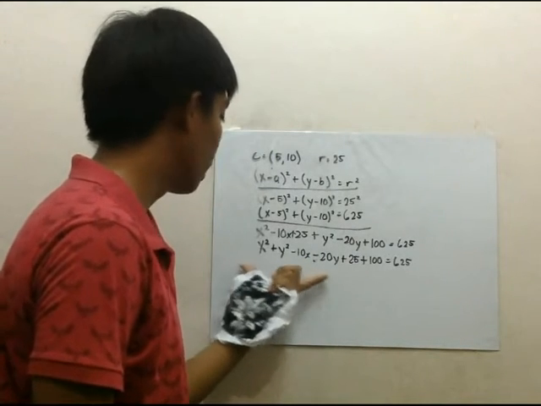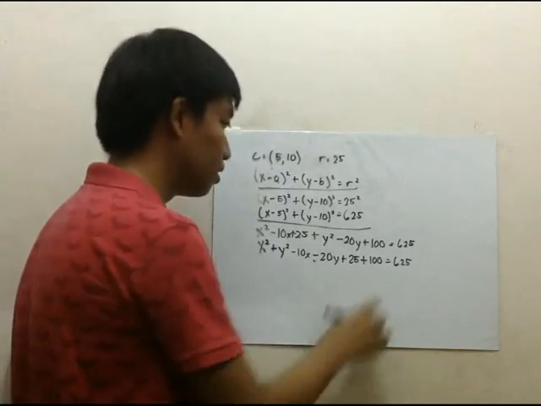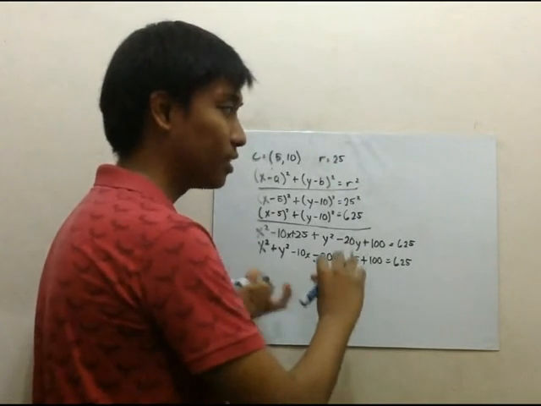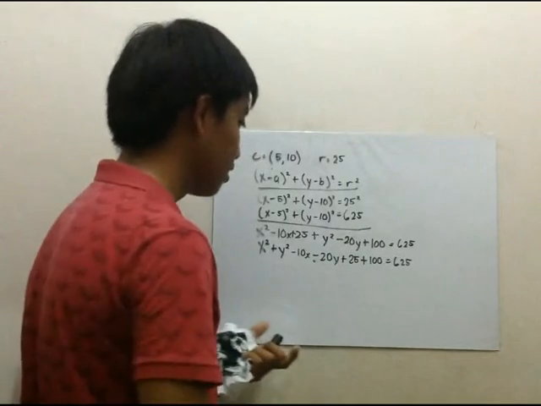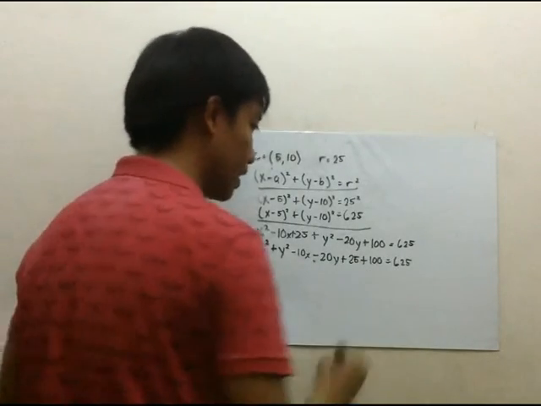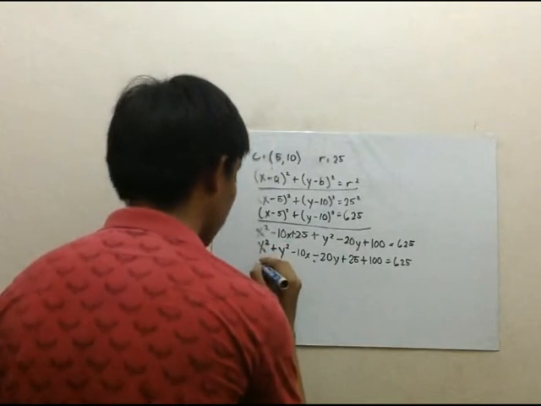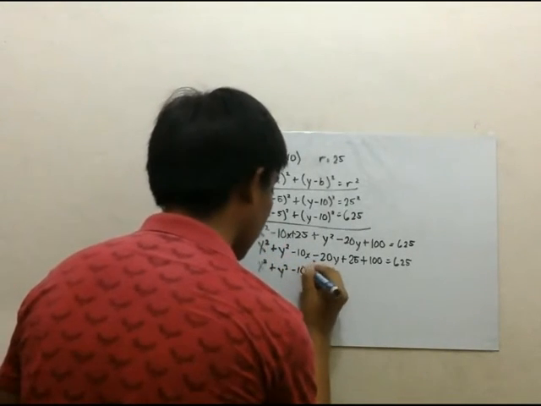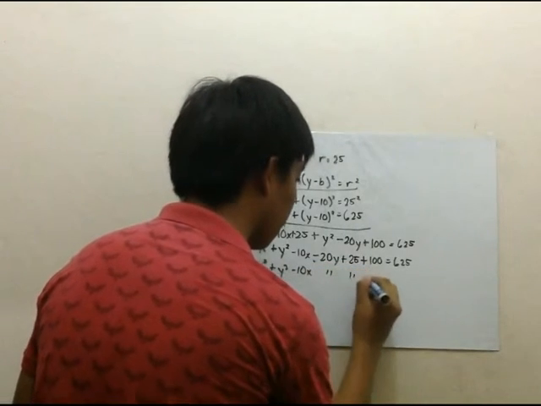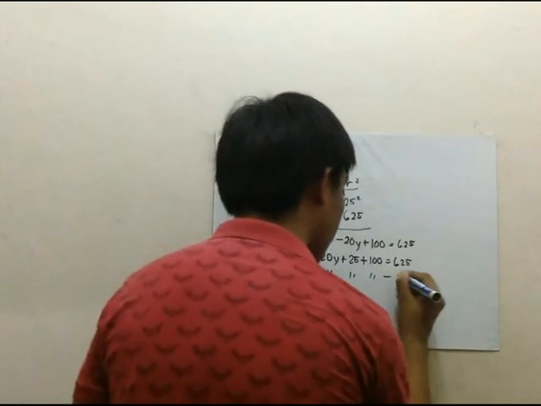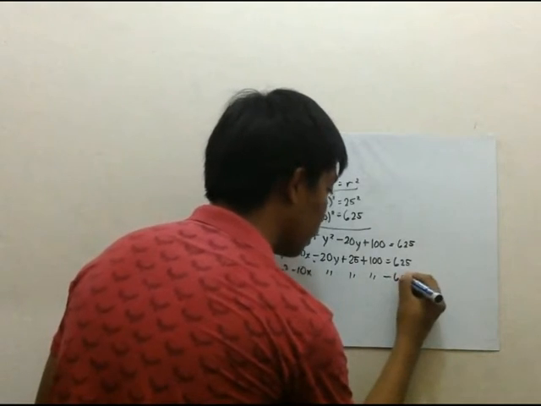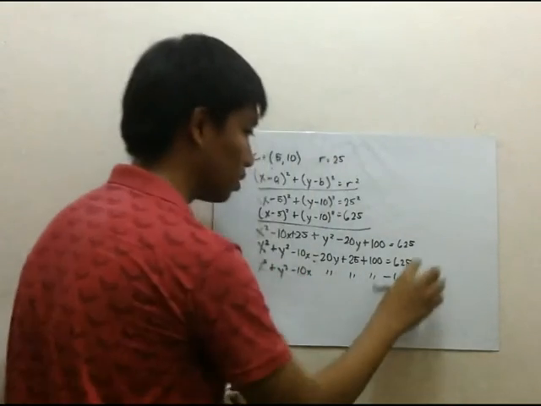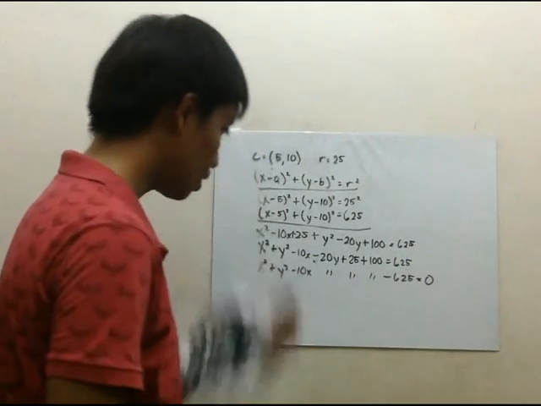This is not done already. Let's transpose the 625. This is x squared plus y squared minus 10x minus 20y plus 25 plus 100 minus 625 because we transpose it and it equals to 0.